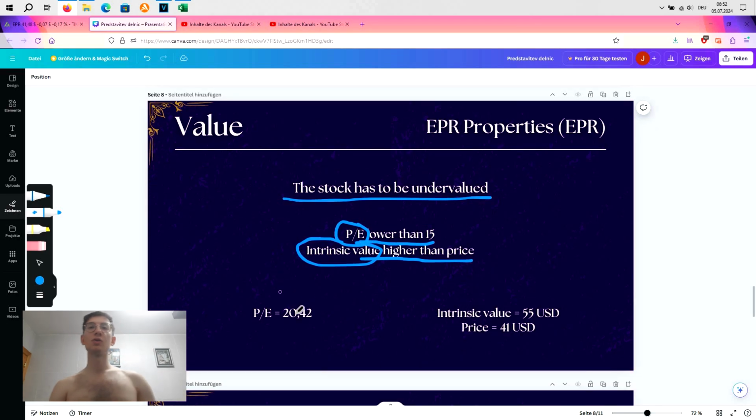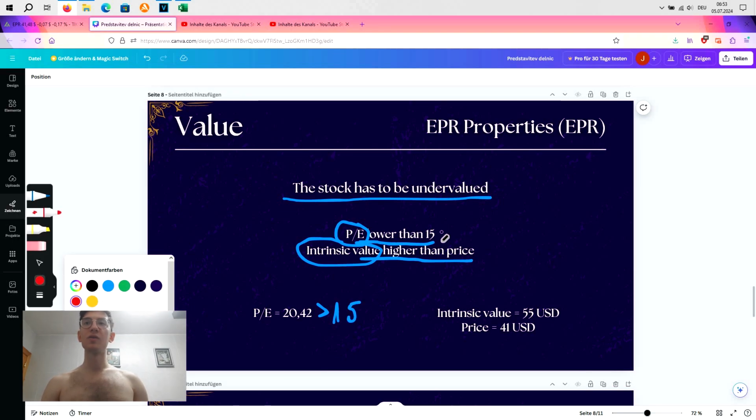So, the P/E ratio of EPR is currently 20, which is a bit higher than 15. So, it is actually a bit overvalued in terms of that, okay? Now let's come to the intrinsic value, and I want to have your full attention when I explain this concept, because this is extremely important.